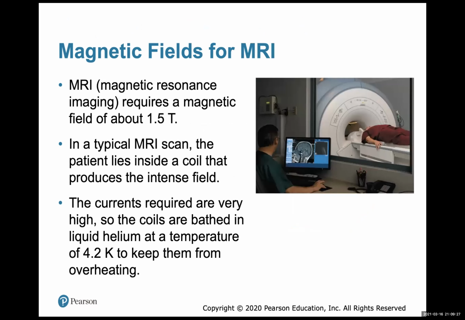An application for the calculation we just performed is the magnetic field created by the coils in an MRI machine. Typically, we need a strong magnetic field that is relatively uniform over a fairly large, a person-sized area, someone's head-sized area, basically.